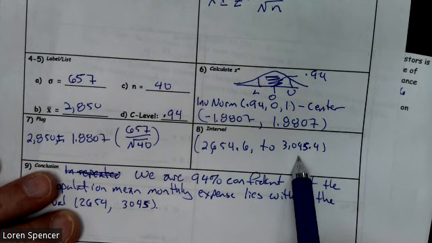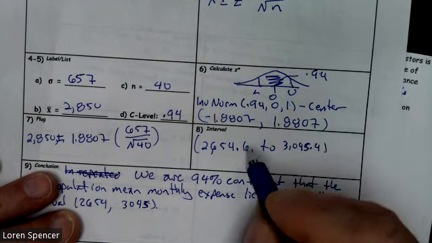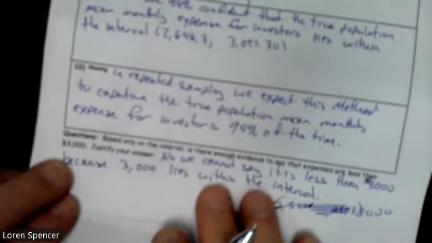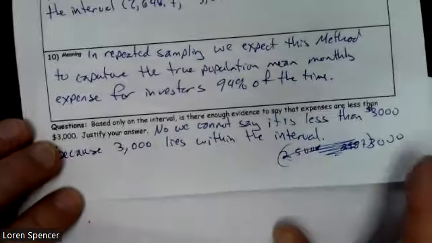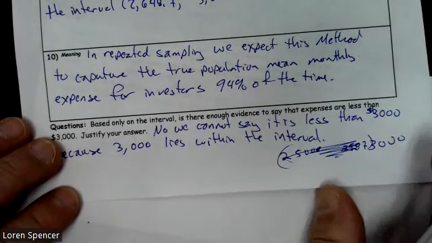So $3,000 is in there. So we can't say that it's less than $3,000. So basically, no, we cannot say it's less than 3,000 because 3,000 lies within our interval.